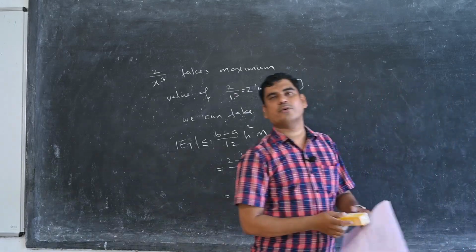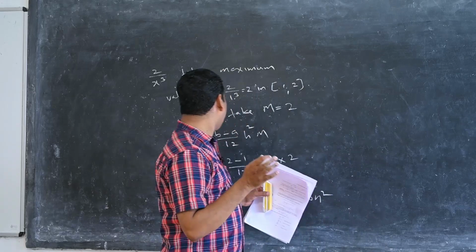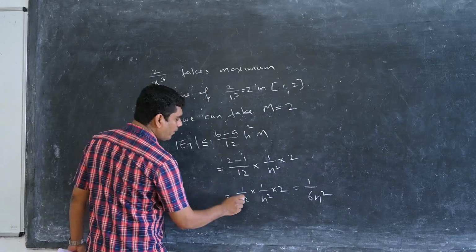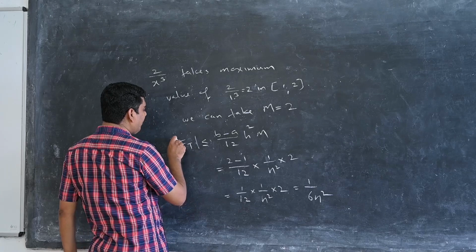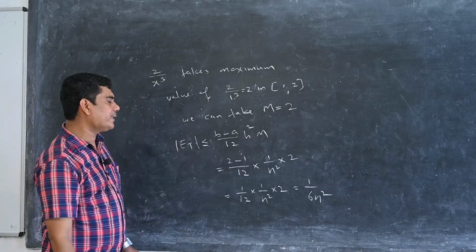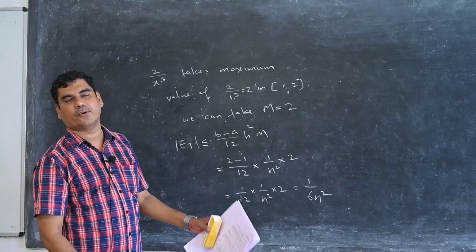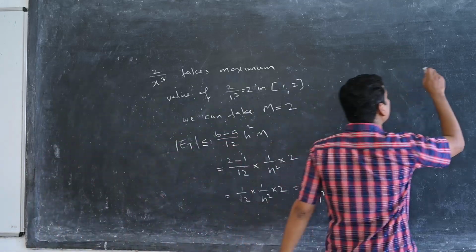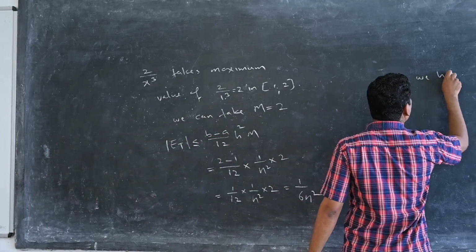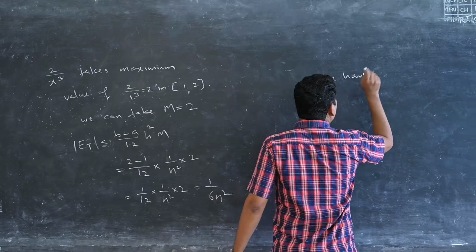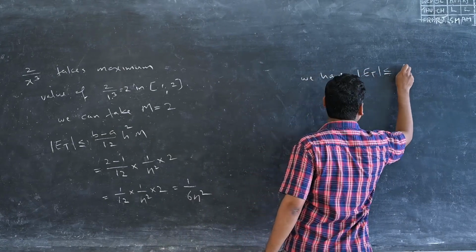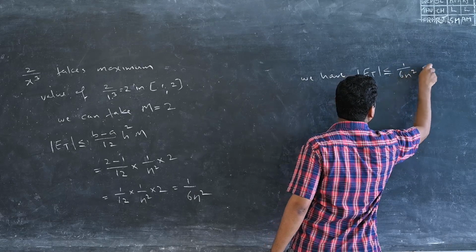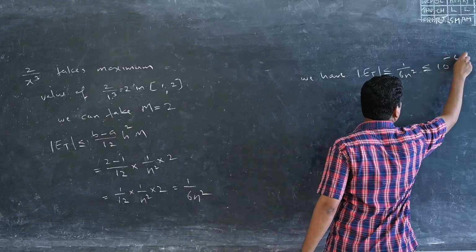Now, we have the magnitude of the error less than or equal to 10 raised to minus 4. So we have mod E_T less than or equal to 1 by 6 n squared, less than or equal to 10 raised to minus 4.